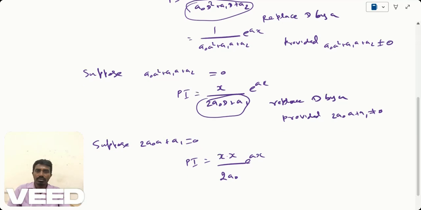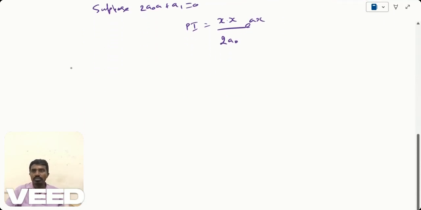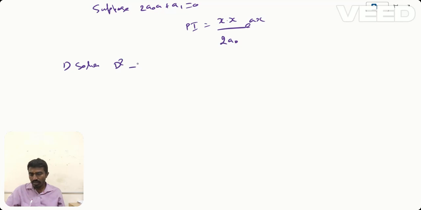Now we will solve problems based on this type. Problem 1: solve d square minus 3d plus 2 of y equal to e power 3x.